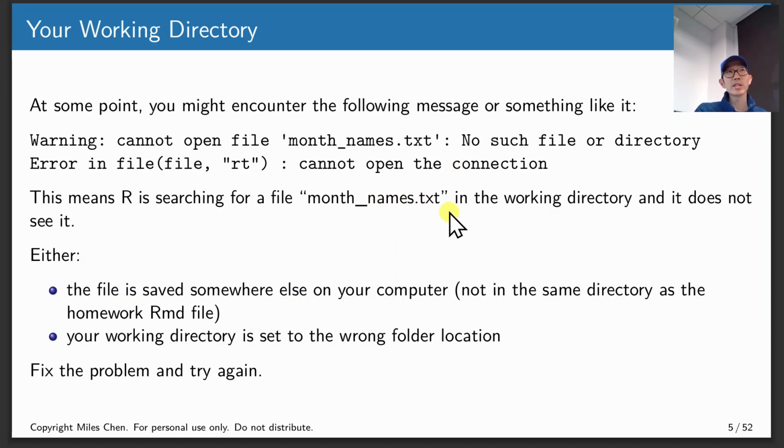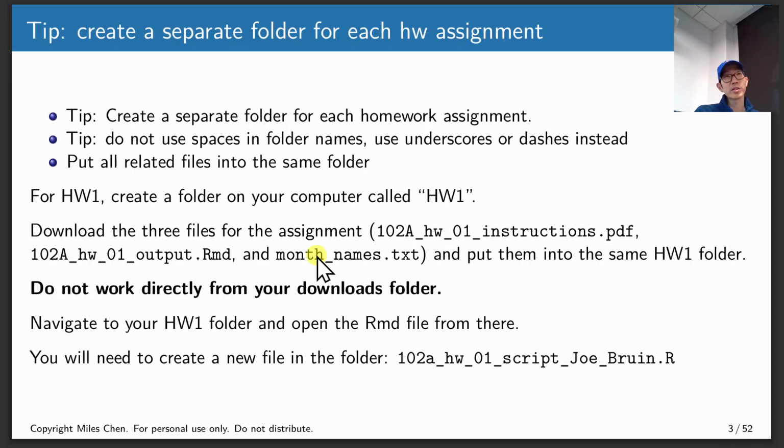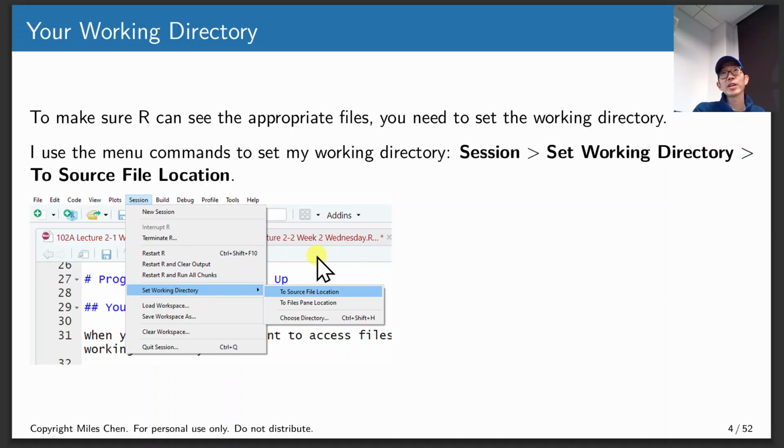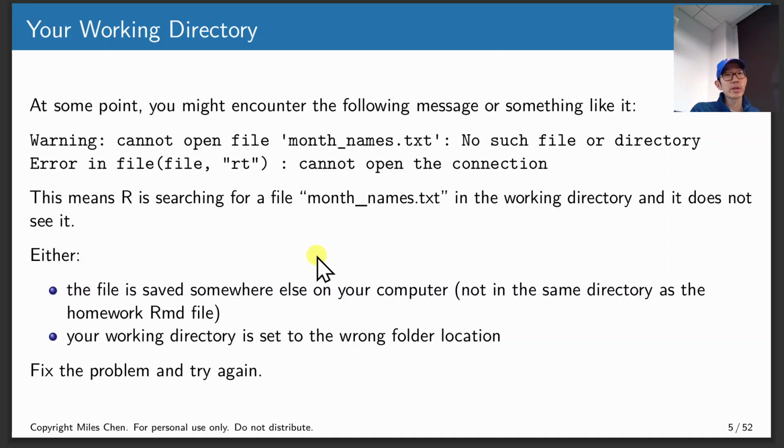And that means this file does not exist in the working directory, and that's either because the file is saved somewhere else on your computer, so it's not in the same directory as the homework file, or your working directory is set to the wrong location. So again, go through and just make sure you've got your folders set up, you have the files in the right place, and you have your working directory set. Okay. So again, error messages are helpful in pointing you in the right direction. And so if you see this kind of error message, it means one of these things is going on. Okay.